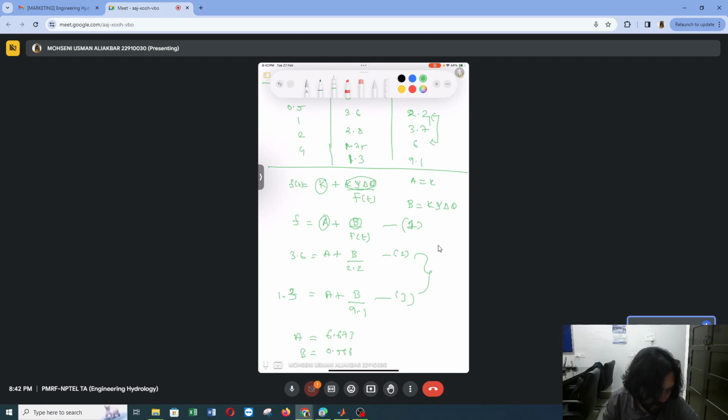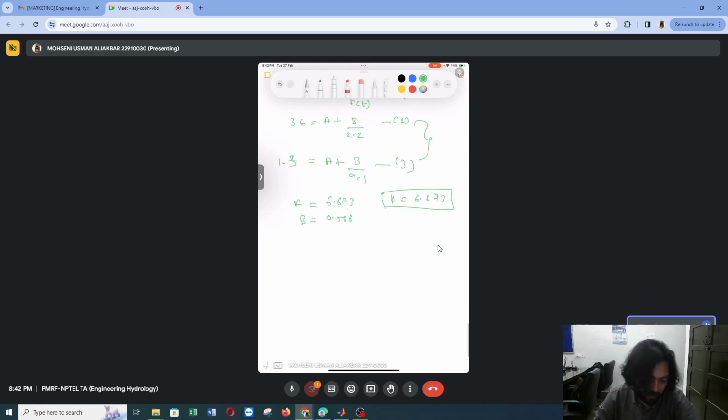So if we compare, a is nothing but K, so the value of K is 6.673 centimeter per hour. That is the hydraulic conductivity. We got the value of K.